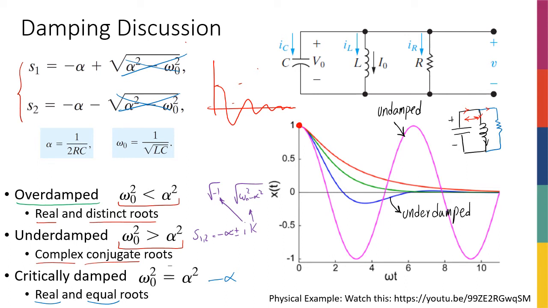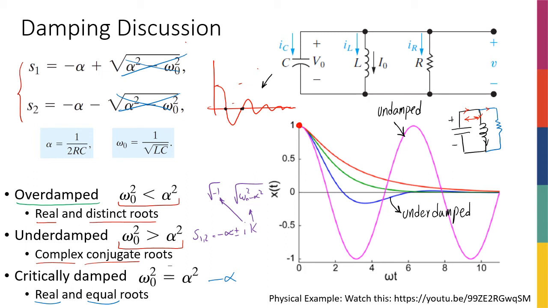And then you can imagine that if I increase the size of this resistor, because this going back and forth is really related to the frequency of the sinusoidal that I have here, which is related to the value of L and C, right?